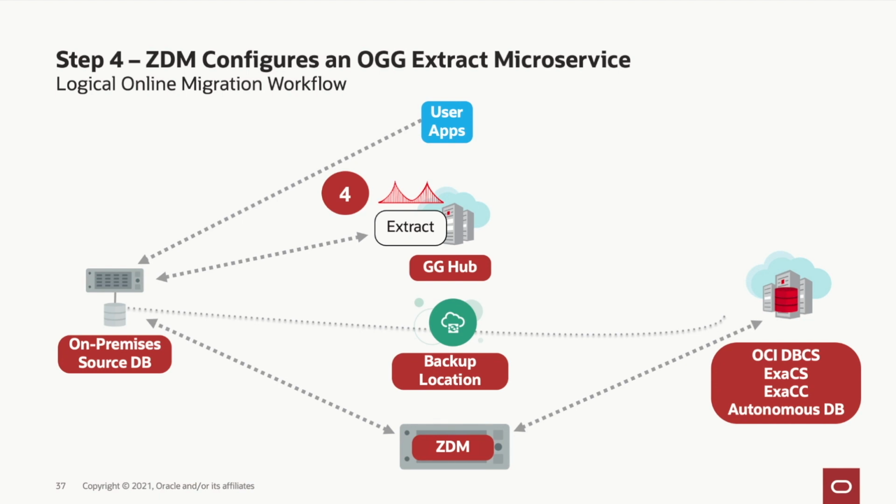So this is a crucial step that is really important because it will allow ZDM to have an online fashion of migration. Basically, ZDM will provide an online migration by leveraging GoldenGate. And the first step, of course, is this first microservice configuration that will act as an extract.